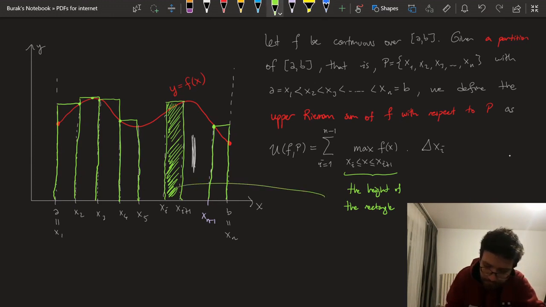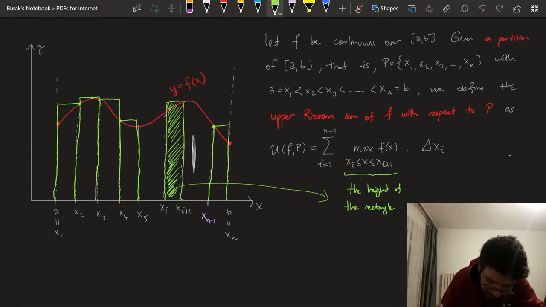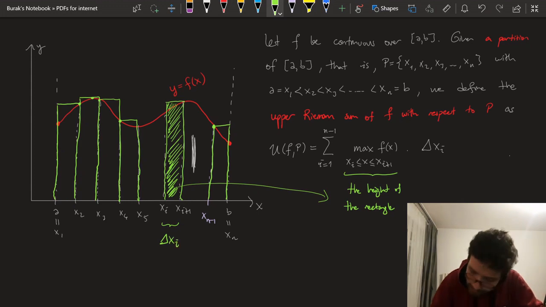And what I'm calling here delta xi is simply xi plus 1 minus xi. I'm defining this as xi plus 1 minus xi. So this is the width of the rectangle.